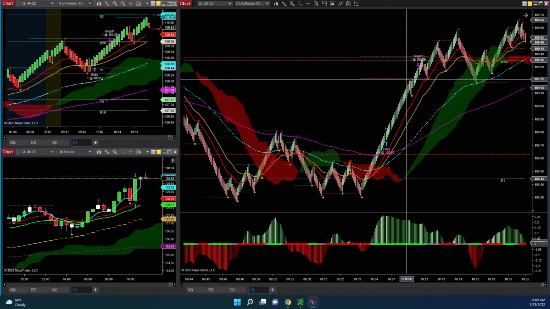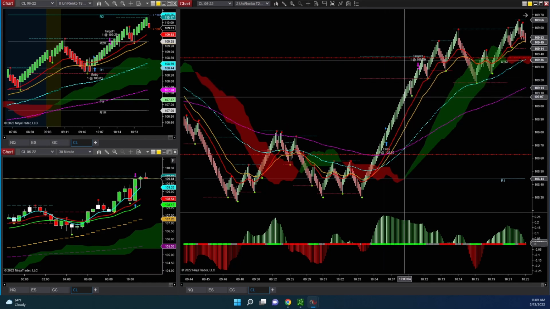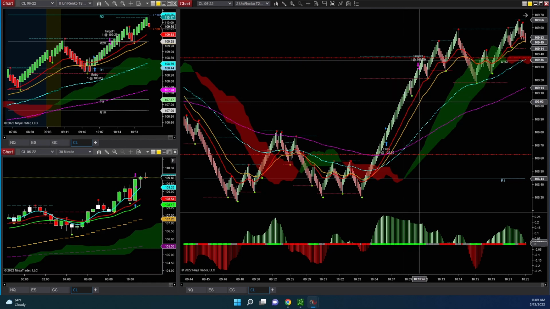There was a little bit of noise in that area right there. With the higher time frame, we didn't see anything there, so we were able to go to the target right there. So yeah, that was the trade.